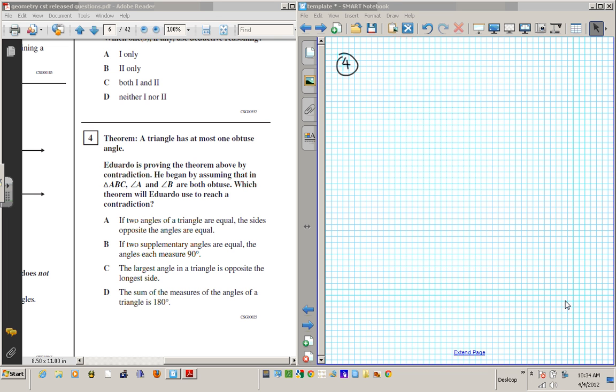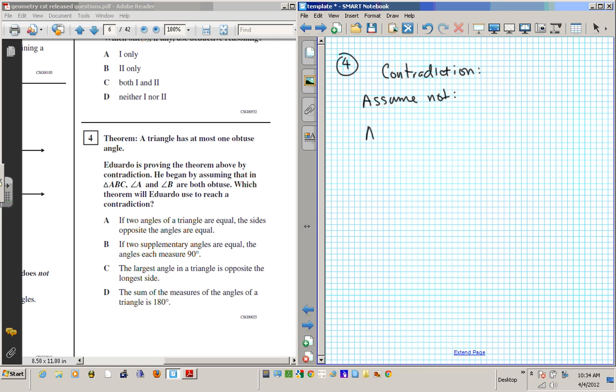All right. So in this argument, it says a triangle has at most one obtuse angle. If you want to prove this by contradiction, you have to say, oh wait, assume not. A triangle, you have to assume the opposite of this statement and see if you can arrive at a contradiction.